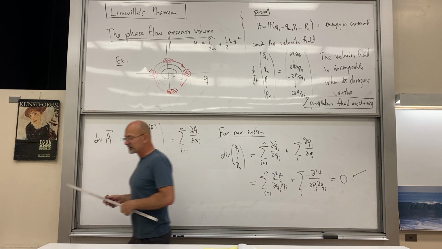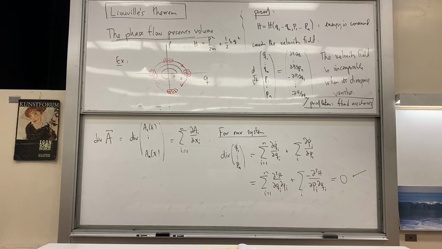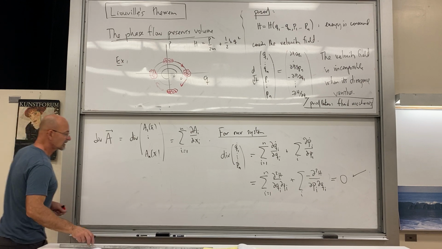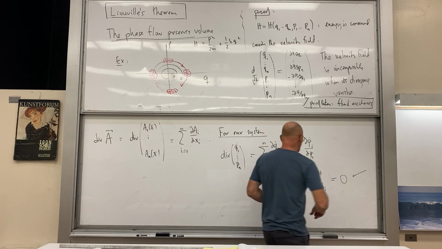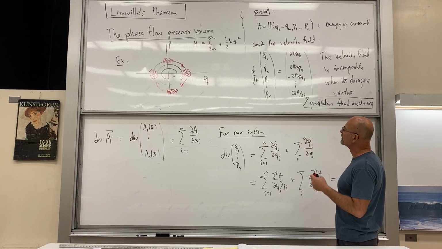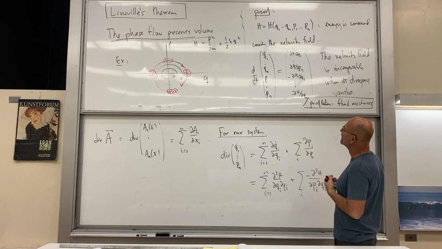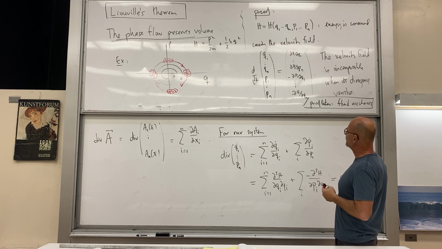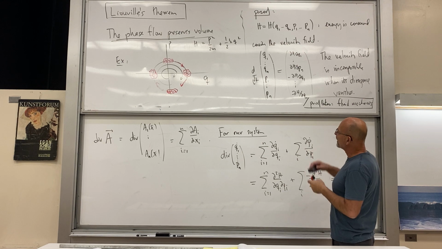Now let's see how we're doing time-wise. Okay. So I can say a little bit more about Hamiltonian systems now. This would be a great way to wrap things up and keep talking about the phase space. So good, incompressible.